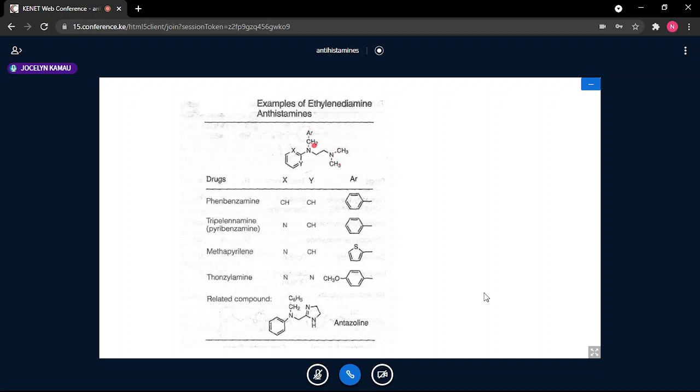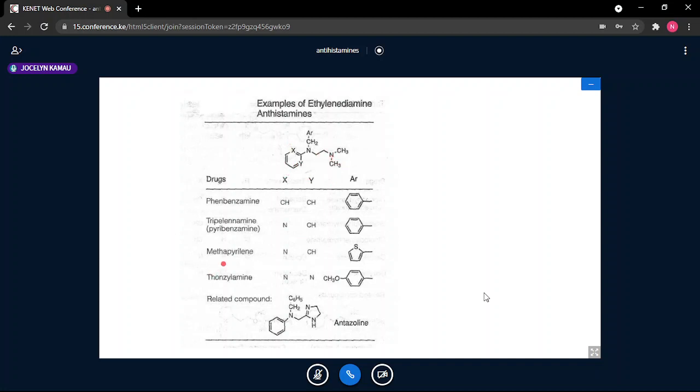So the benzyl ring is retained, and we note that when you replace one of the phenyl rings with the isosteric pyridyl, remember, isosteric pyridyl is when your nitrogen is at either that position or that position, not any of the other positions, then you get tripelennamine, which was found to have much higher potency.